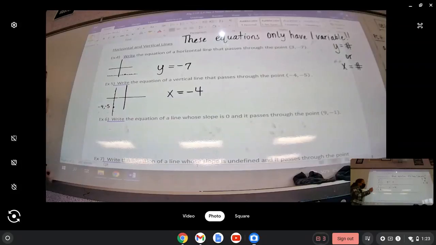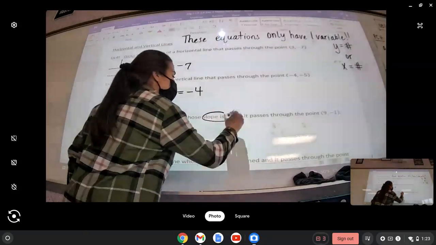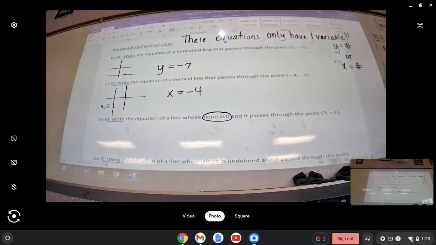Write the equation of a line whose slope is 0 and that passes through the point (9, -1). Well, we already know: if you're a vertical, up and down line, your slope is undefined. So if your slope is 0, what kind of line are you? Horizontal.